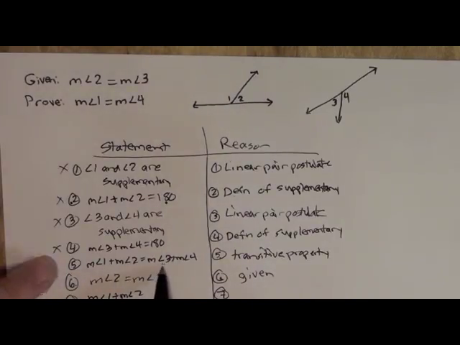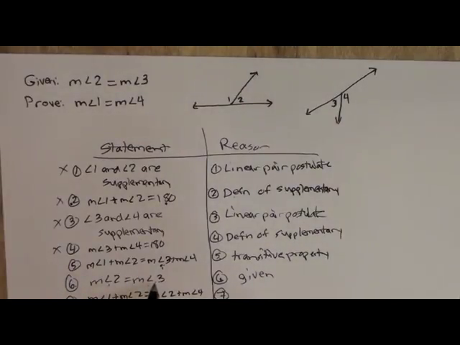But on the right side, instead of writing the measure of angle 3, I'm going to substitute in the measure of angle 2, since angle 2 and angle 3 have the same measure. I just used line 5 and line 6. And the reason, I even said the word, I'm substituting in measure of angle 2 instead of measure of angle 3. That's the substitution property.